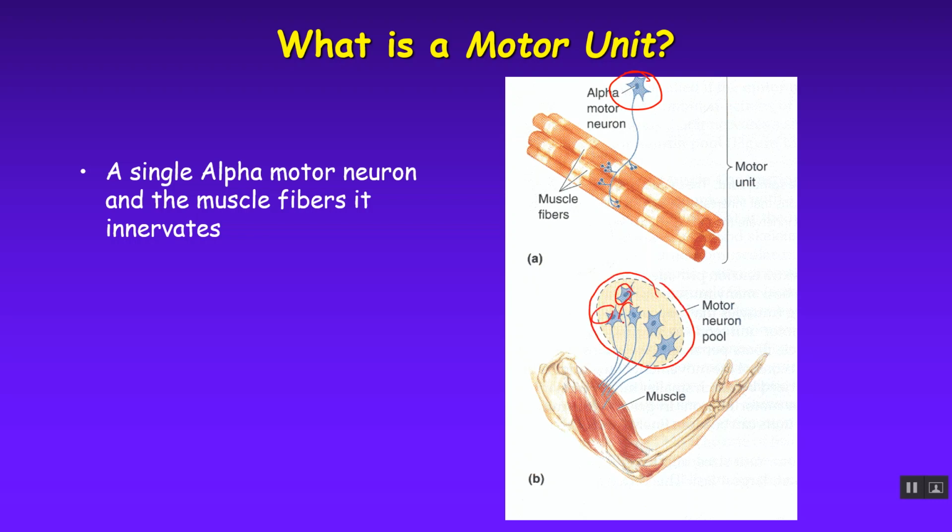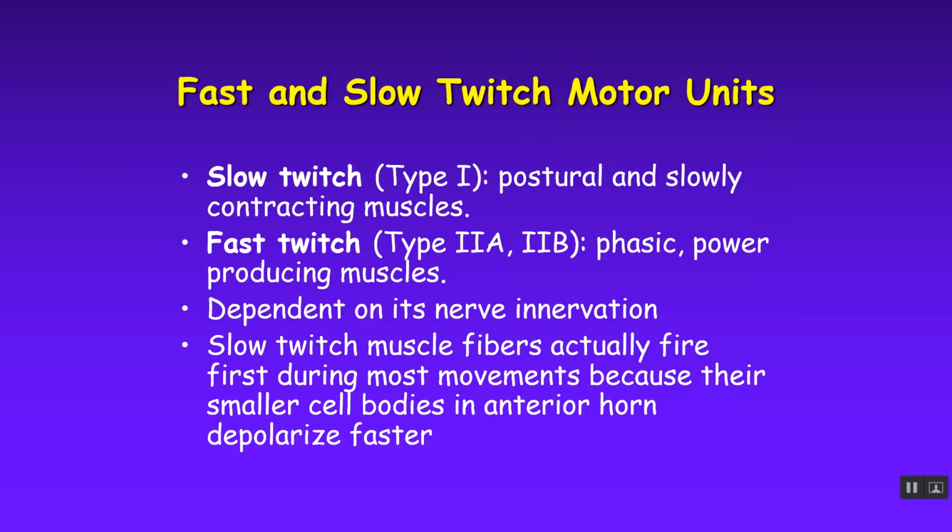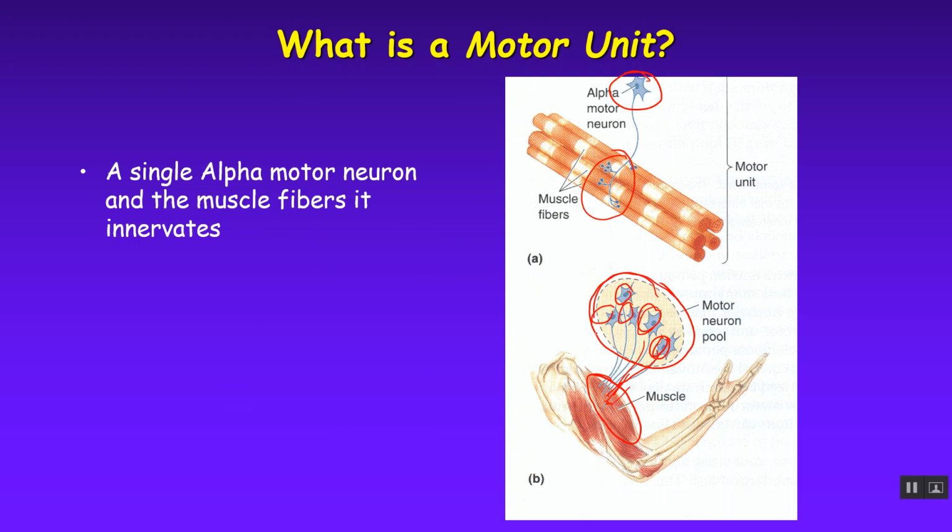So here's the motor neuron pool. A motor neuron pool is all the alpha motor neurons going to all the individual motor units that make up the entire muscle. That's the motor neuron pool. So the pool of motor neurons is all the ones that eventually communicate with all the muscle fibers that make up the entire muscle.